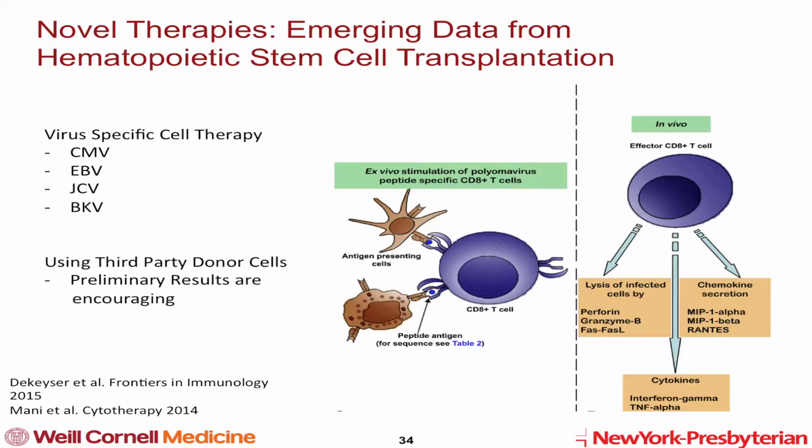And they've done this for CMV, EBV, JCV, and BKV in their patient population. Their patient population is slightly unique because it's just a host immune HLA response. We have the donor HLA and the host HLA to deal with.